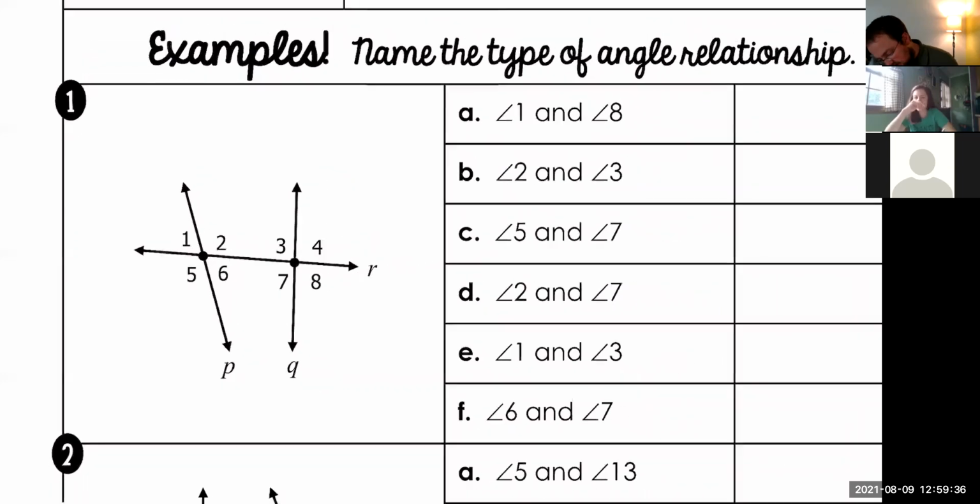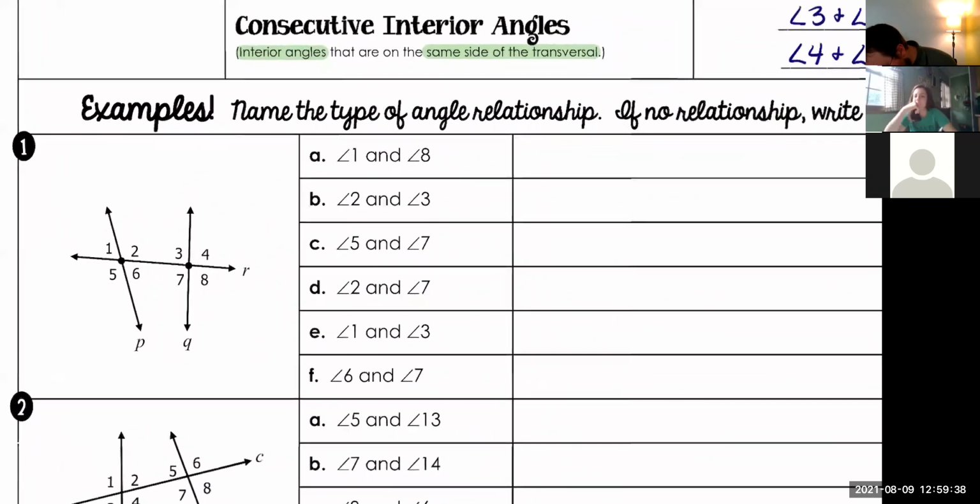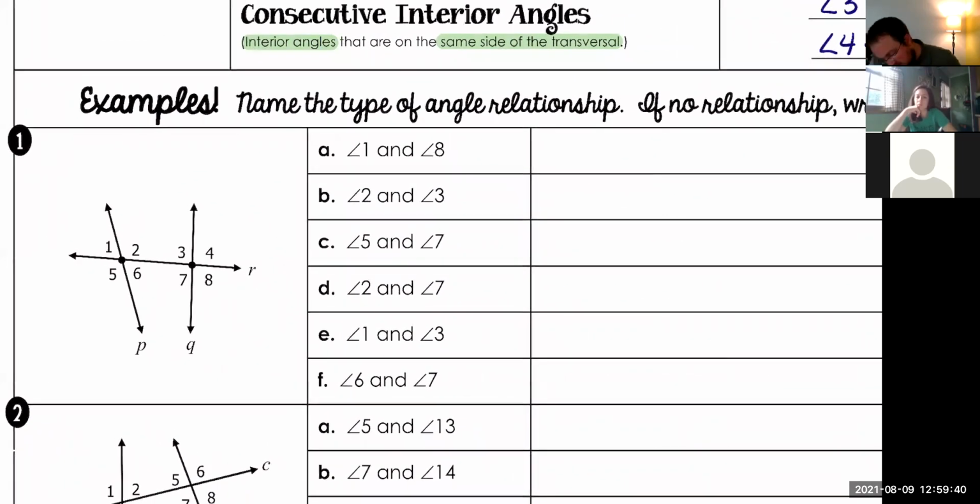So first one we have here, zoom out a little bit. I think I can fit it in from there. Angles 1, so all the way over here on the left, and 8. Alternate exterior. They're on opposite sides of the transversal, and they are outside the 2 lines that are being intersected. So I'm going to say alternate, I'm going to abbreviate exterior.